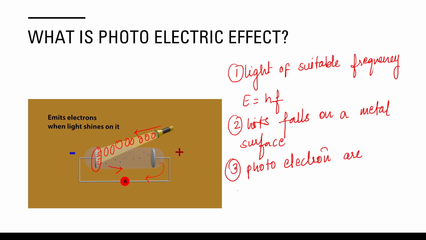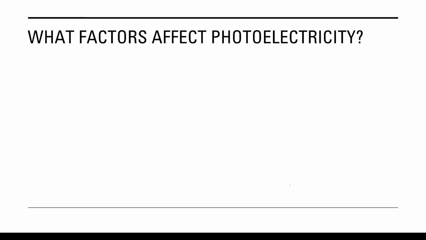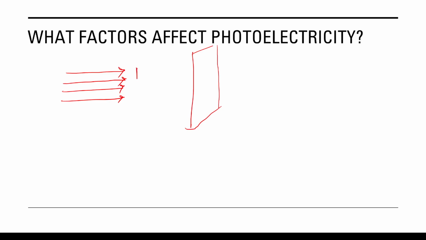Now let's understand that. What's happening is there is a light which has suitable frequency. Why suitable frequency? Let me draw a diagram here. This is a piece of metal. This packet of energy in the light, a photon, has suitable frequency.